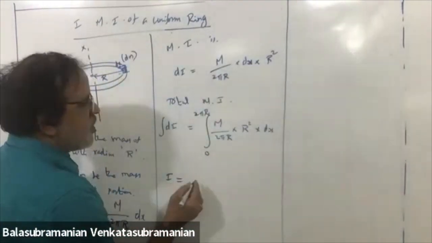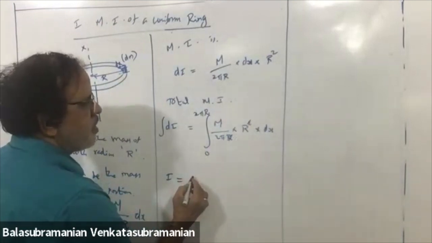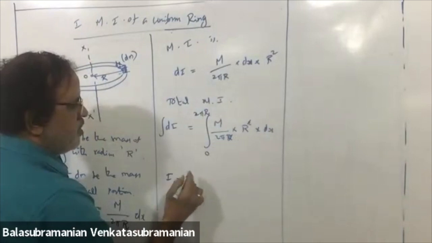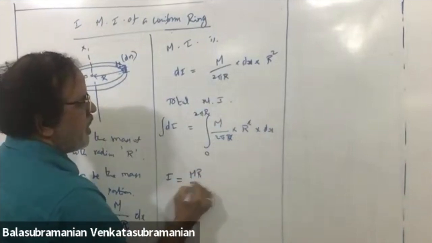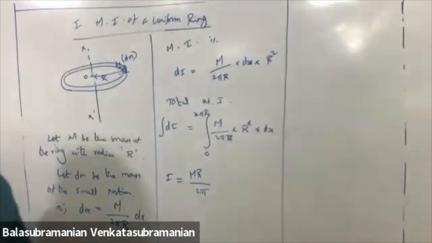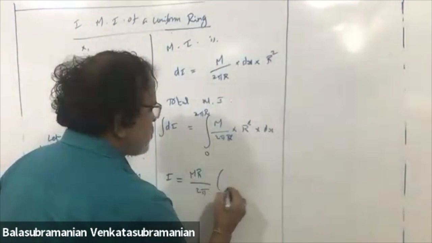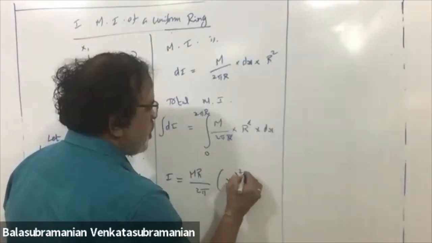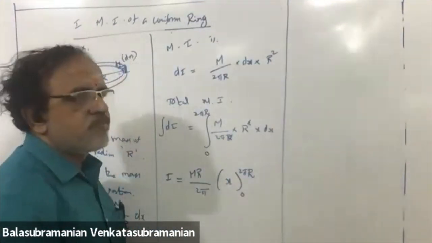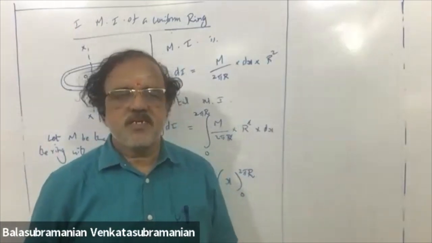So I is equal to, 1 r gets cancelled here, mr by 2 pi, integral dx. Integral dx is x, limit 0 to 2 pi r. Correct?